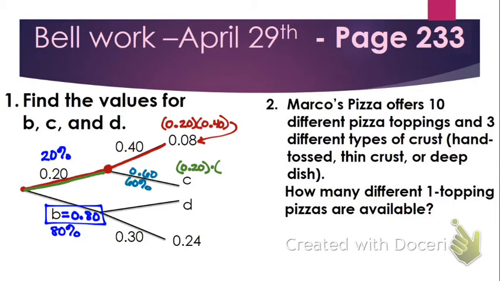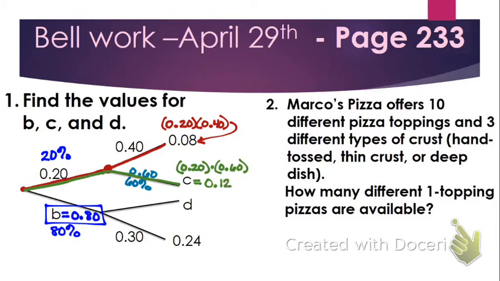So if we chose that path, we're going to multiply the 20% that we chose the top path with the 60% that we chose the bottom right there. What do you get on your calculators when you multiply 0.20 with 0.60? 0.12.